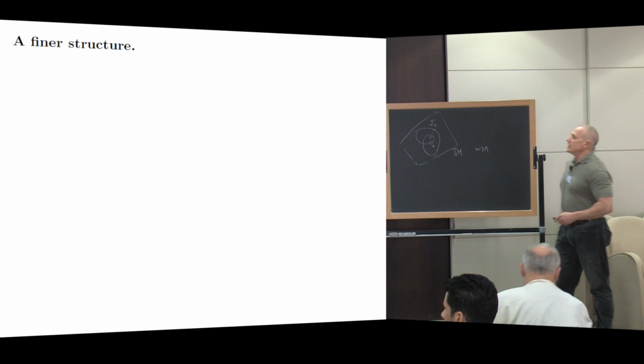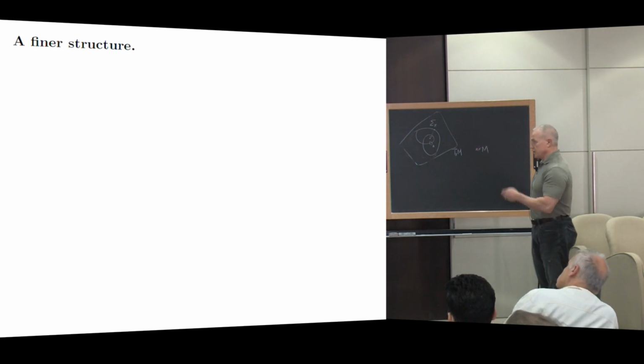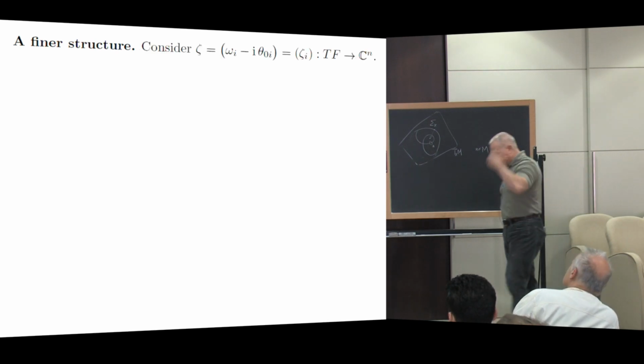You can actually get a finer structure than just a U(n) structure, though. And this is the thing that piqued my interest originally.